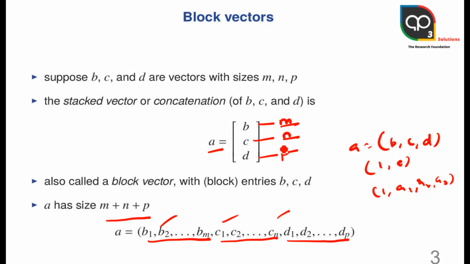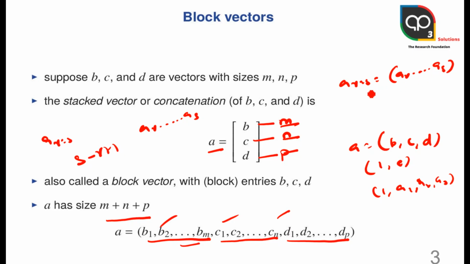The colon notation is used to denote subvectors. If a is a vector, then a_{r:s} is the vector of size s minus r plus 1 with the entries a_r till a_s. So a_{r:s} equals a_r till a_s, and the subscript r:s is called the index range.